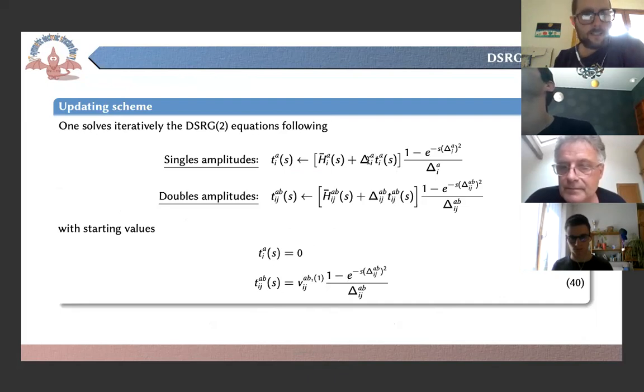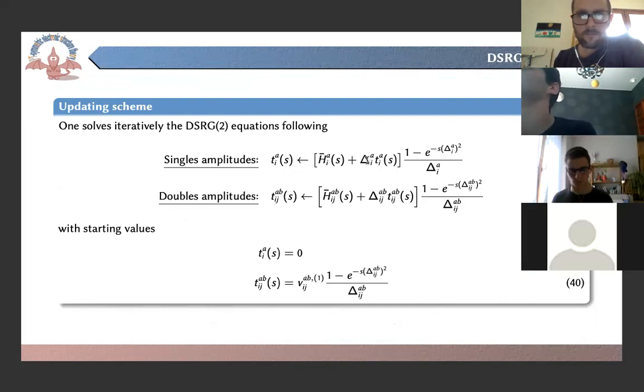Delta is given from the reference calculation. And S, I know them, it's an input of the program. And the H bar elements, I can compute them with the Yanai-Chan tricks. So I can get some new T's that I plug in again, compute a new H bar, and so on, until convergence.